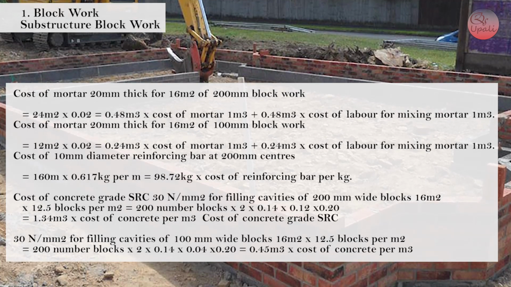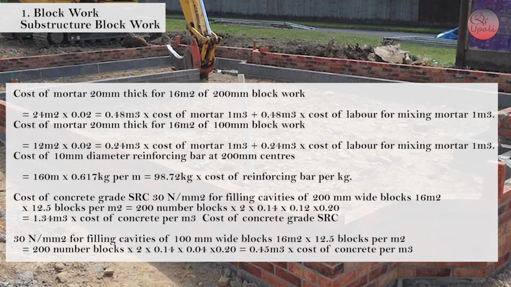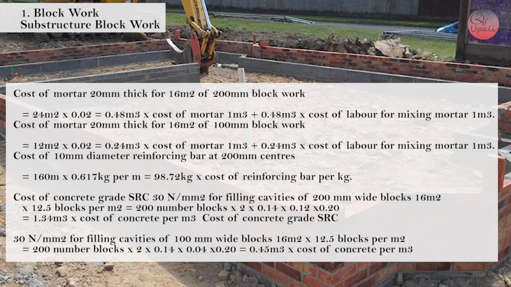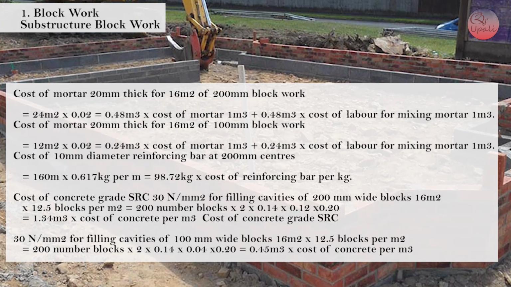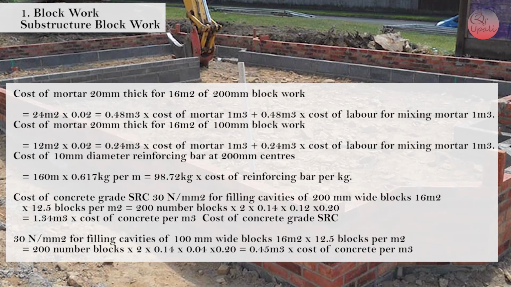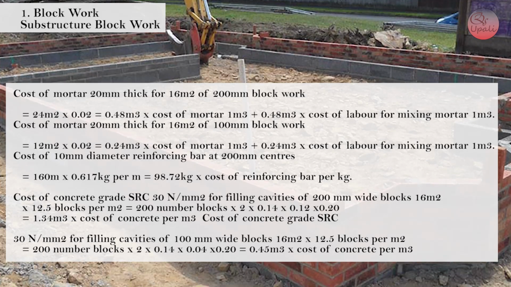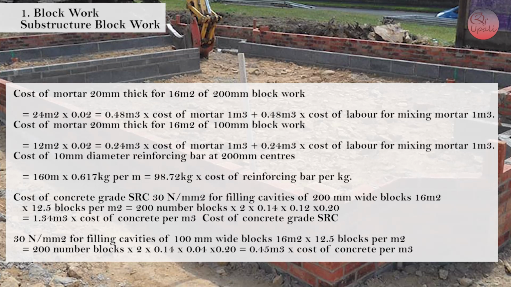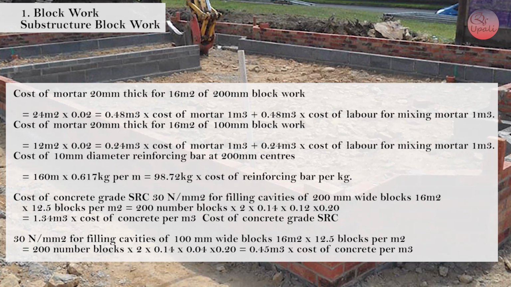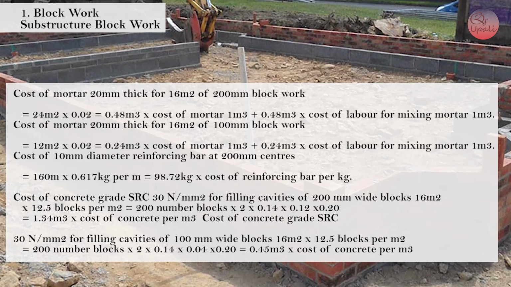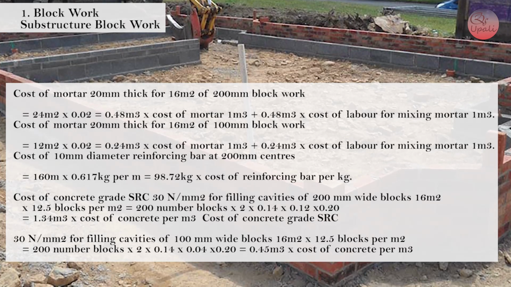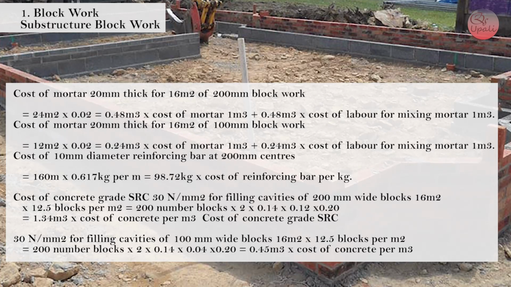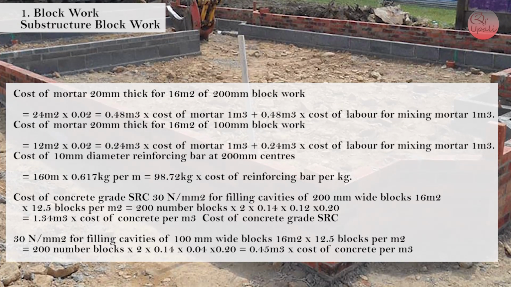Cost of concrete grade SRC 30 Newton per millimeter square for filling cavities of 200 mm wide blocks: 16 meter square into 12.5 blocks per meter square equals 200 number blocks into 2 into 0.14 into 0.12 into 0.20 equals 1.34 meter cube into cost of concrete per meter cube.